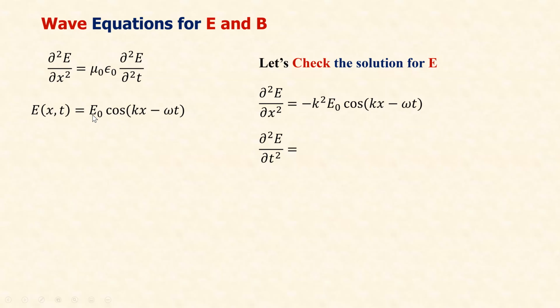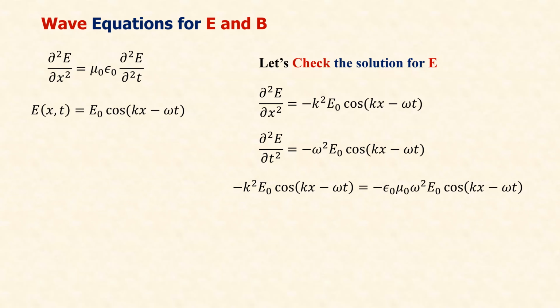And so you get negative omega squared E naught cosine of kx minus omega t. Then if you plug these into this equation, this should be equal to mu naught epsilon naught times this one. So this first one is equal to mu naught epsilon naught times negative omega squared E naught cosine of kx minus omega t.